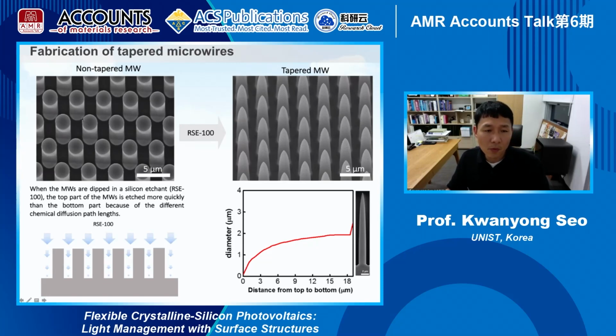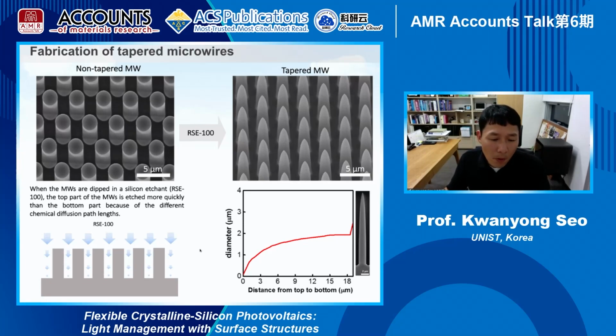It is pretty simple. After fabricating this one-dimensional wire structure on silicon wafer, we just put it into the isotropic silicon etchant, a so-called RSC100. It is a commercial product. So you can use any isotropic silicon etchant because the silicon etchant can easily access the top wire part and then approach the bottom part less effectively, because it is a sort of porous type structure.